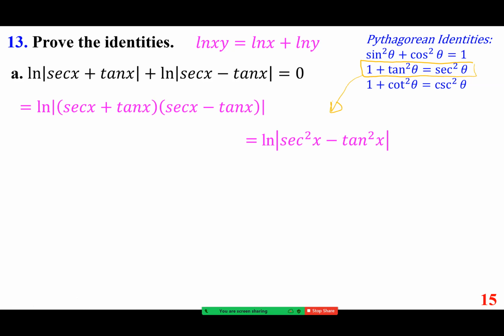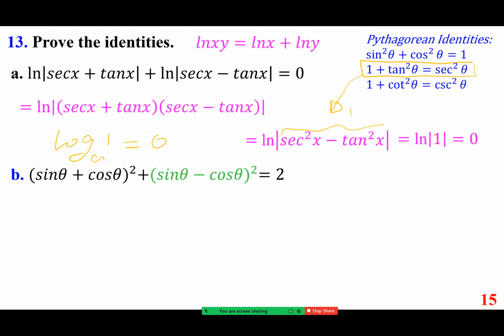I hope you see that secant squared, if you move the tan squared to the right, secant squared minus tan squared becomes 1. And ln 1, you should know, is 0. Log 1 with any base is 0. This is one of those properties.